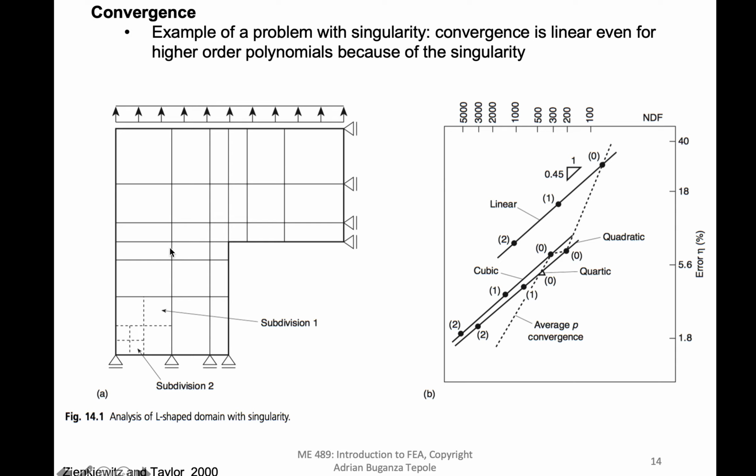In this case, because you have a singularity, your convergence is linear. So it doesn't matter whether you use quadratic elements. You won't get anything out of it. You just have to be very careful. This degree of convergence is dependent on the regularity of the solution, not just on the polynomials that you use for the elements.